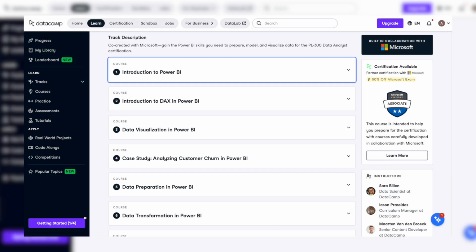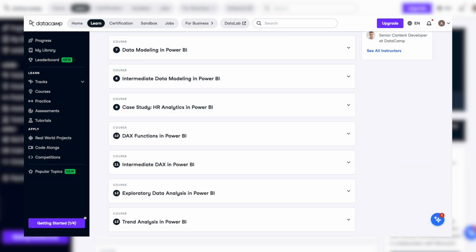Course 1, Introduction to Power BI. Course 2, Introduction to DAX in Power BI. Course 3, Data Visualization. Course 4, Case Study Analyzing Customer Churn in Power BI. Course 5, Data Preparation. Course 6, Data Transformation. Course 7, Data Modeling. Course 8, Intermediate Data Modeling.